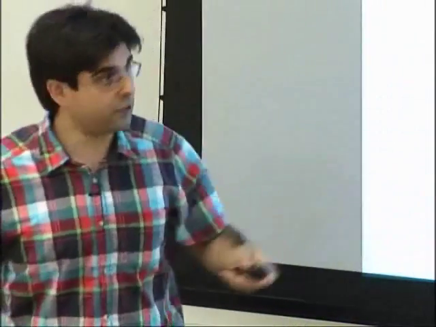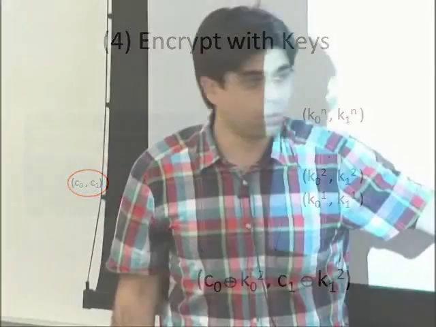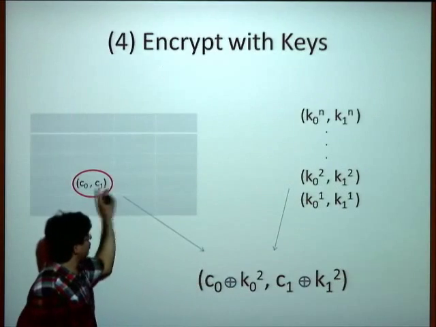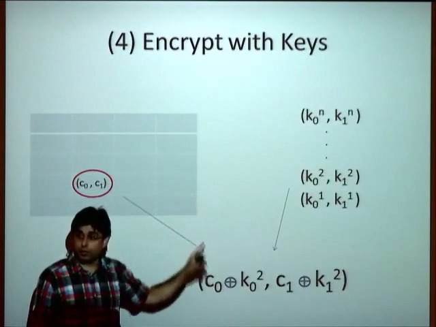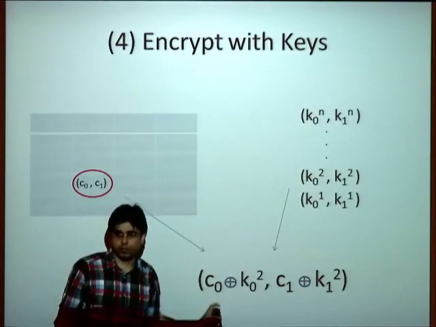This C0, C1 is the result of the encrypted matrix that I showed on the previous slide. What I do now is an XOR. For each row I have a different key. I take the key pair for this row and XOR each of those ciphertexts with the corresponding key.